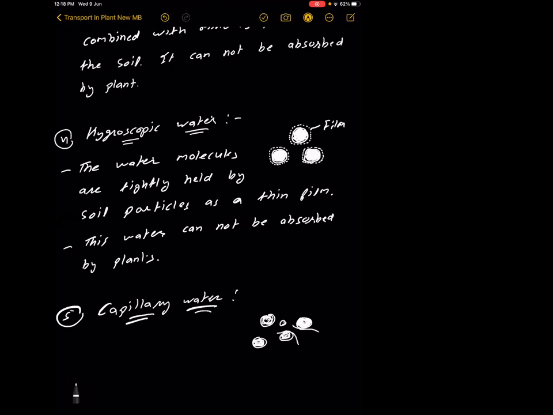They have a small thin capillary like formation, like this, tube like structure. As you know the structure of capillary, so capillary formation occurs. Okay, like this. The water molecules which are present in the capillary.